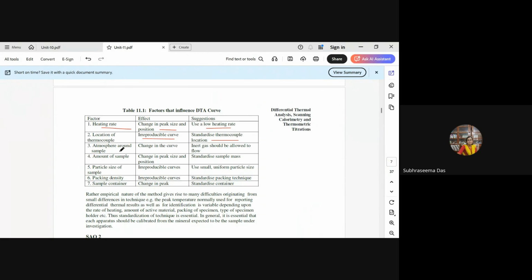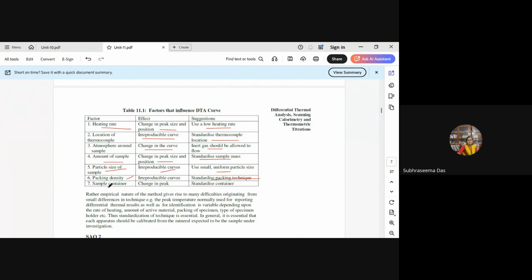The atmosphere around the sample changes the curve, so we should always take inert gas. The amount of sample also affects peak size and position, so we should always take a very minimum amount of sample. Particle size also produces irreproducible curves, so we should use very small, uniform particle size. The particle packing density should always be standardized.